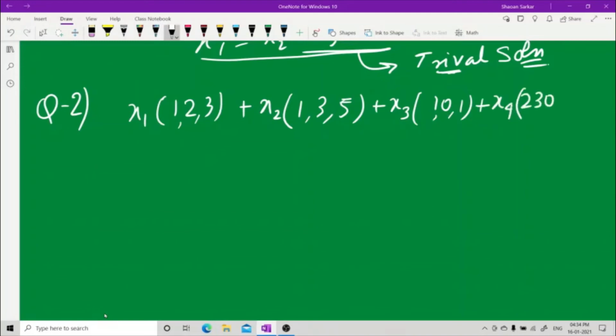And this equals 0, 0, 0. We used to write 0, but now I'm talking about a zero vector. Actually this and this are the same thing.